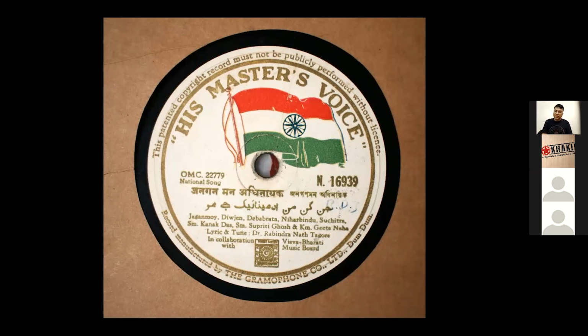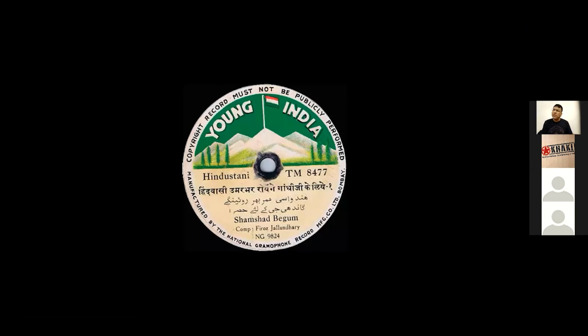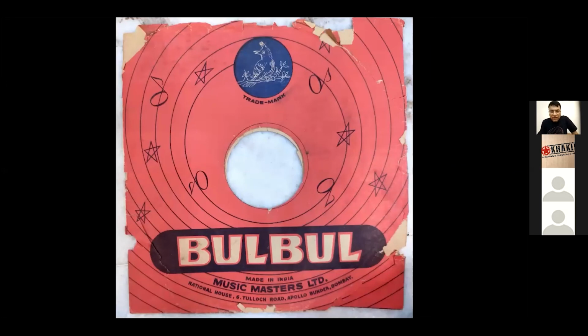Shantaram has defected to the Gramophone Company of India, and the Young India label is further slipping away. 1948, Mahatma Gandhi is no more, and all the record companies, all the labels are in a race to pay tribute to the great man, and they're all producing records left, right, and center. But good times for the Gramophone Company. The HMV label is really doing well till 1953.